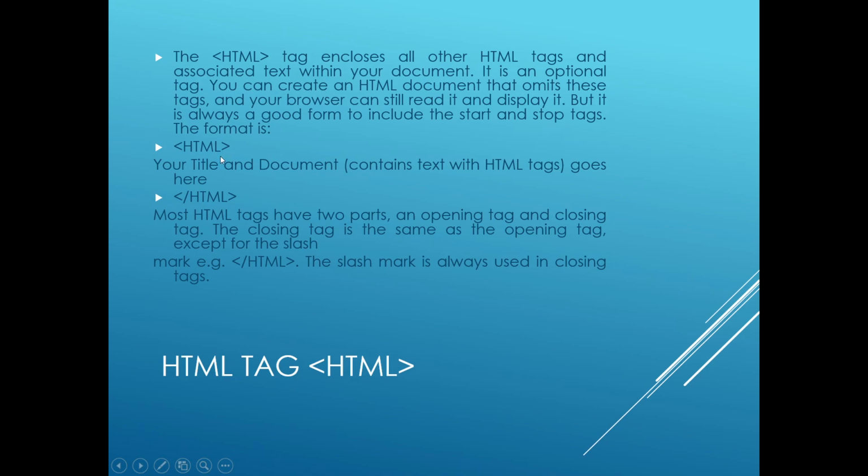The format is first HTML with the opening tag, your title and document contents with HTML tags go here, and the closing tag of HTML. Most HTML tags have two parts, an opening tag and a closing tag. The closing tag is the same as the opening tag except for the slash. Example, you can see here. The slash mark is always used in closing tags.